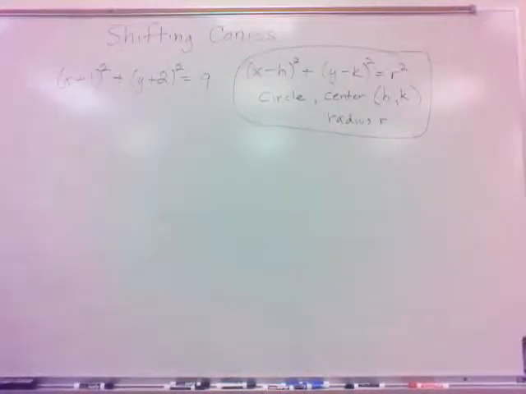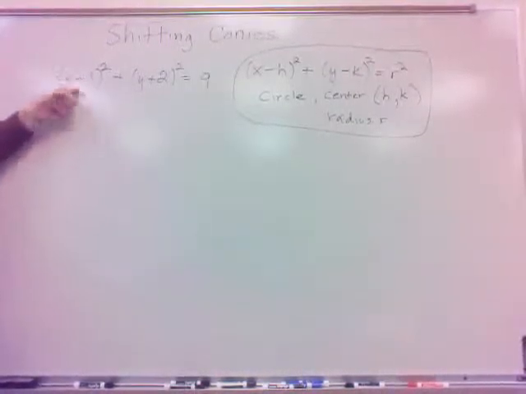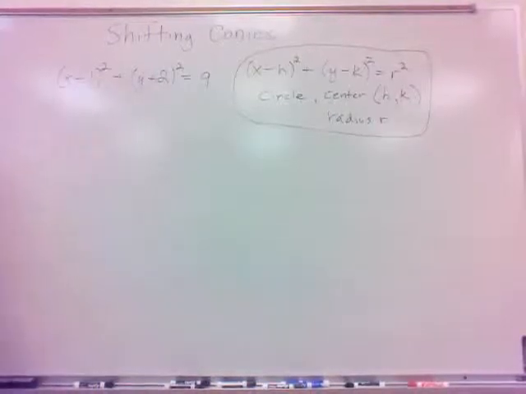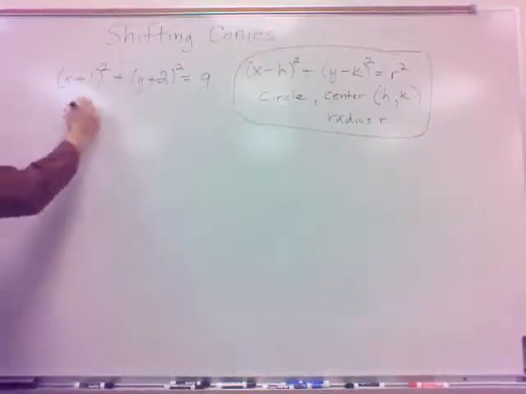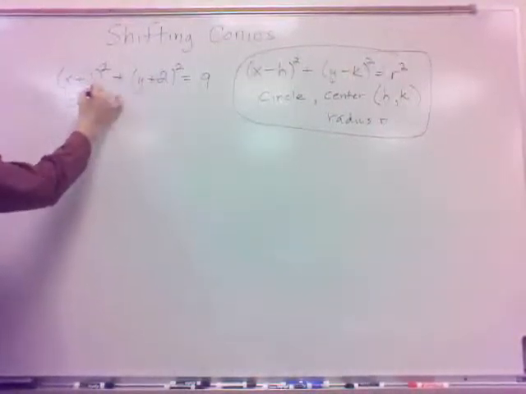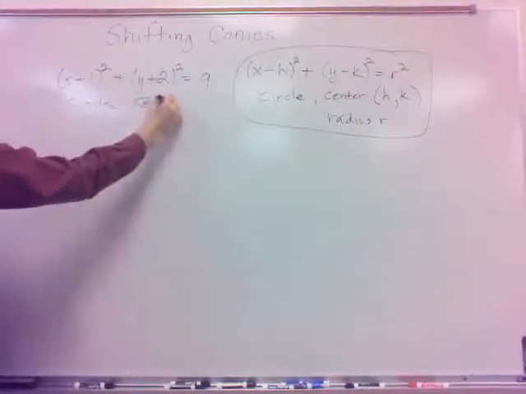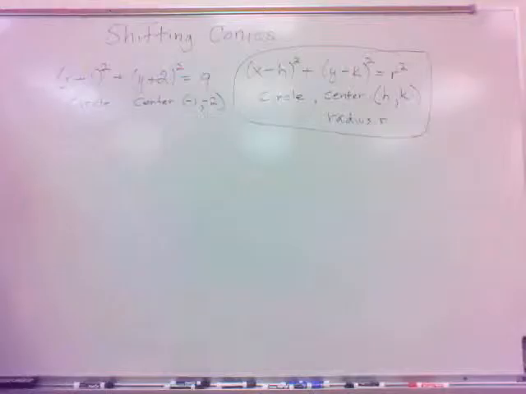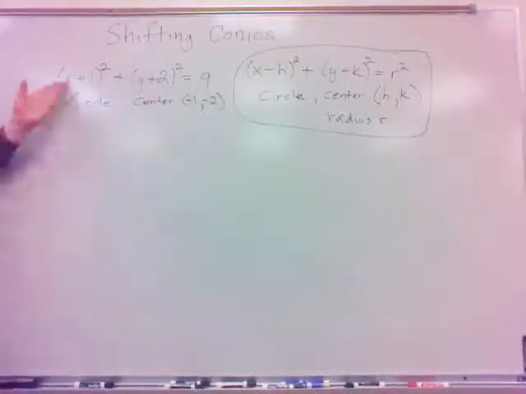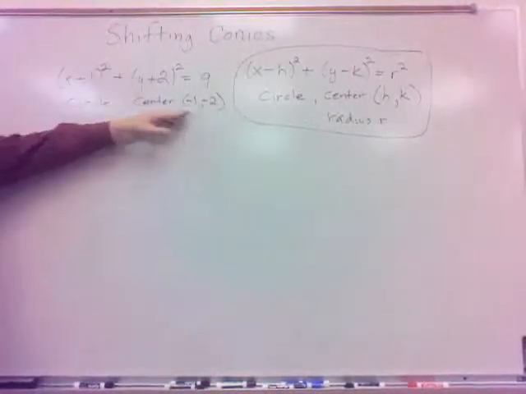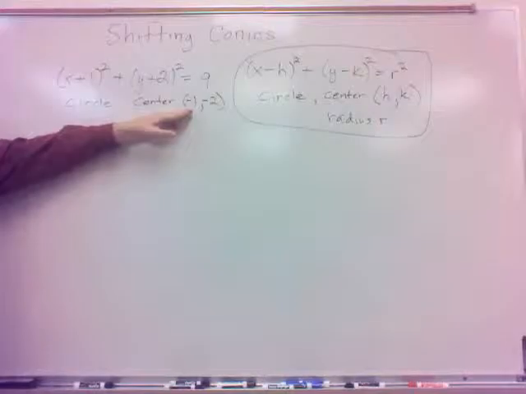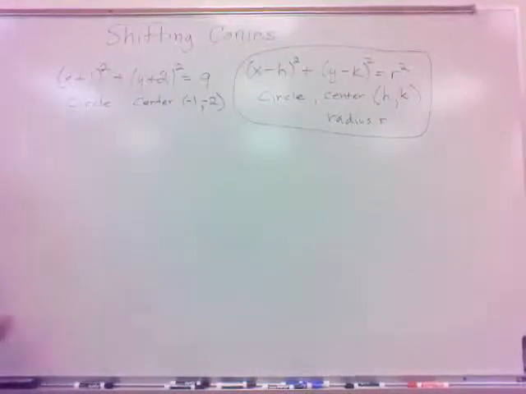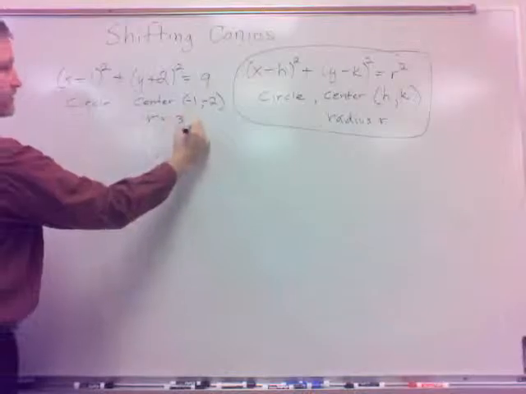If it's plus, it makes it go to the left and down. So it just works the opposite. This is going to be a circle, and just change the sign. The center is -1 and -2. That's how it works. If it's a plus on the inside there, then it's a minus on your center. So it's -1 and -2. Okay? And the radius here is 3, the square root of 9.